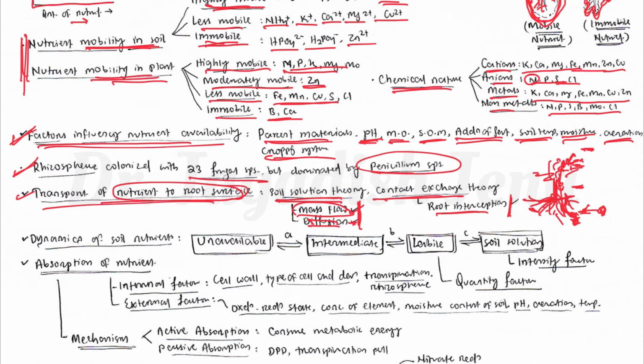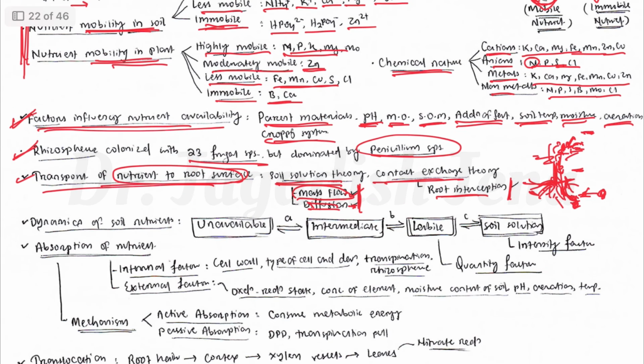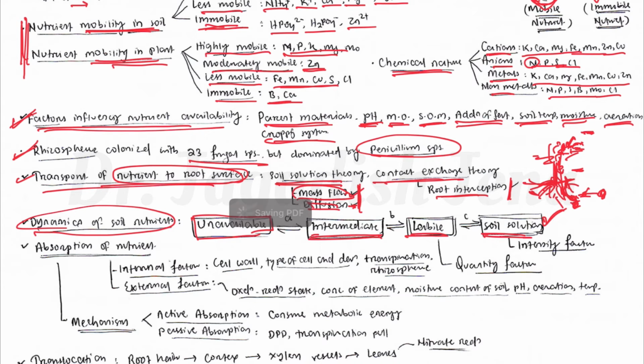Now, nutrient in the soil is a dynamic system. How does this nutrient dynamics happen? Initially the soil nutrient is in an unavailable, organic form, then it comes to an intermediate form, then the labile form, then the soil solution form. When the nutrient reaches the soil solution, it is actually available for plant uptake.